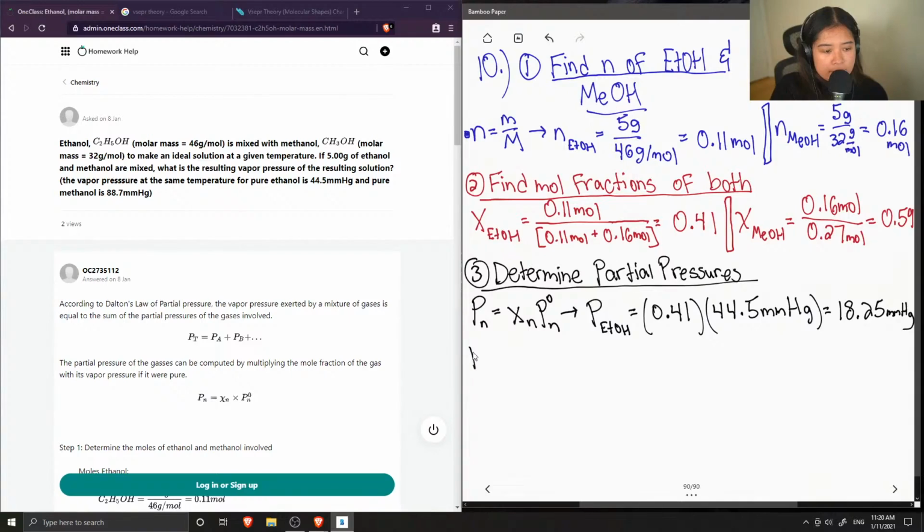And now let's do the same thing for methanol. For methanol, the mole fraction was 0.59, and its vapor pressure of pure methanol is 88.7 millimeters of mercury.